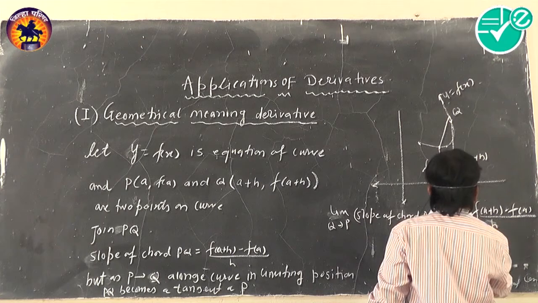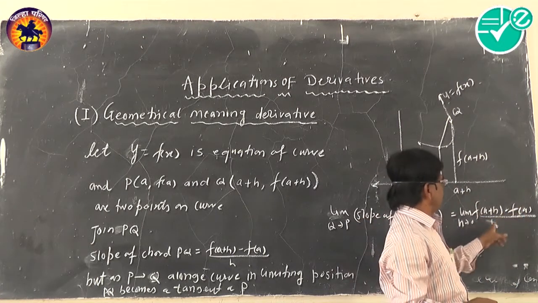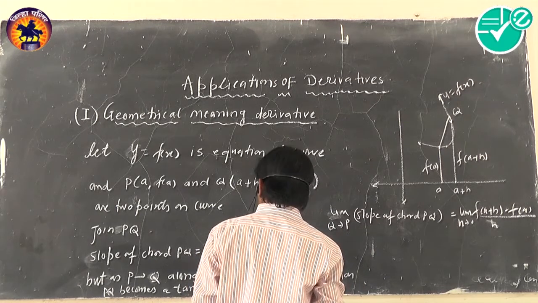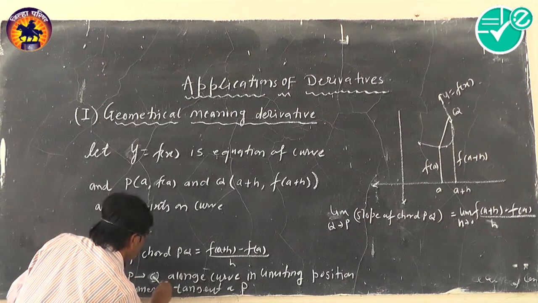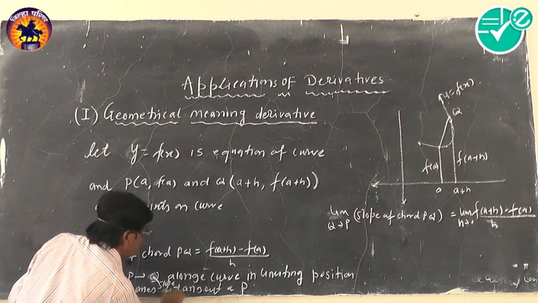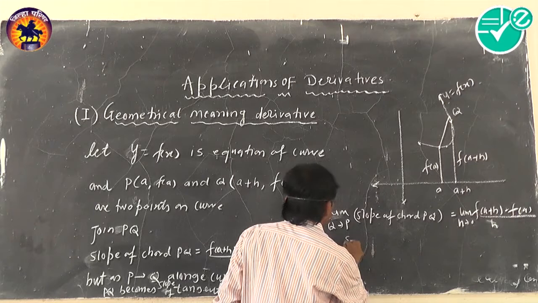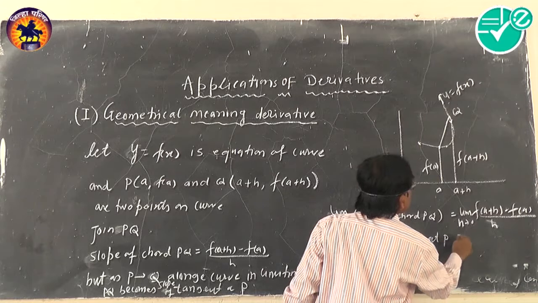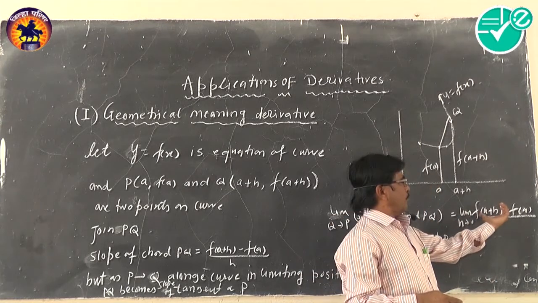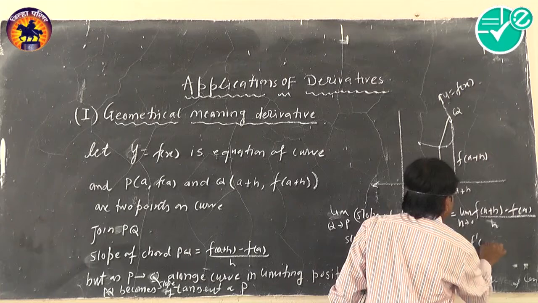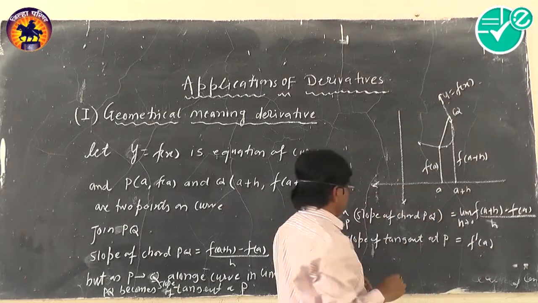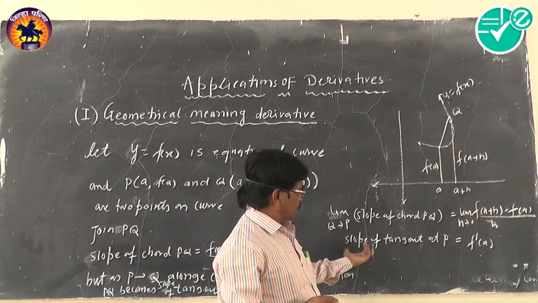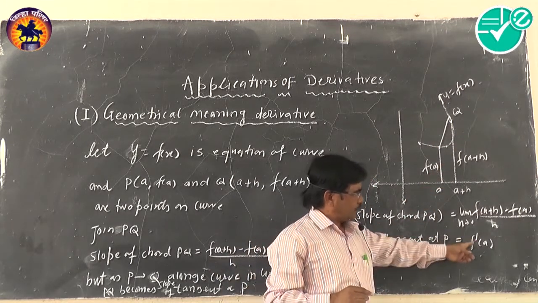This is nothing but the slope of the tangent at P. By the definition of derivative, or by first principle, this is nothing but f dash of A. Therefore, if we differentiate the given curve at a given point, it gives the slope of the tangent at that point, that is f dash of A.